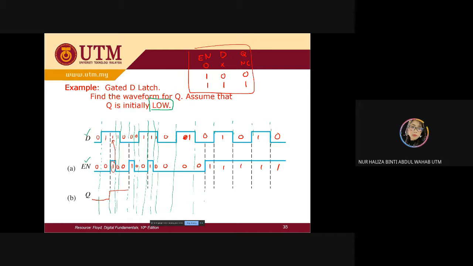I meet 1. My 1 here, I need to check my input. My input is 0. It's going to be 0 also. Until this part, I meet 0, no change. I meet 0, no change. I meet 1 now. I need to stop. 1, I need to check my input. My D is 1, so I will be 1.